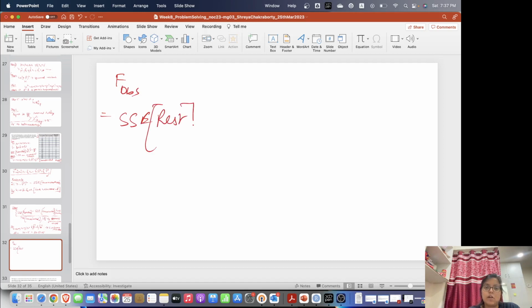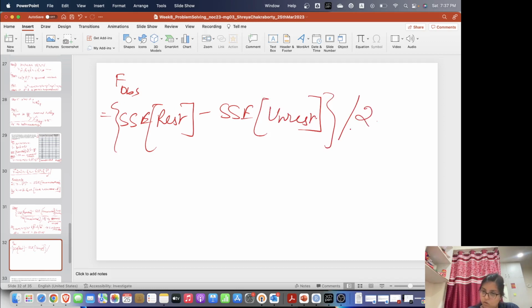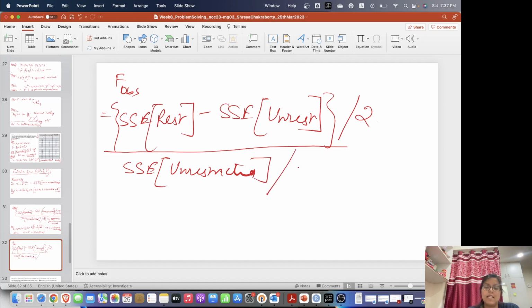So what we would essentially have is F observed will be the sum of squares error from the restricted model minus the sum of squares error from the unrestricted model, divided by the number of restrictions, which was 2, delta 1 and delta 2 equal to 0, and this would be over the sum of squares due to errors from the unrestricted model divided by the df, that is 15.